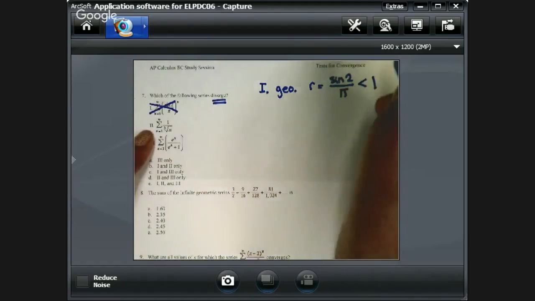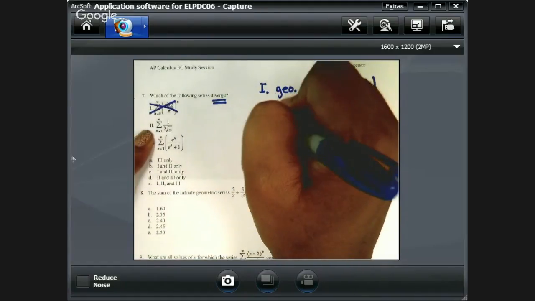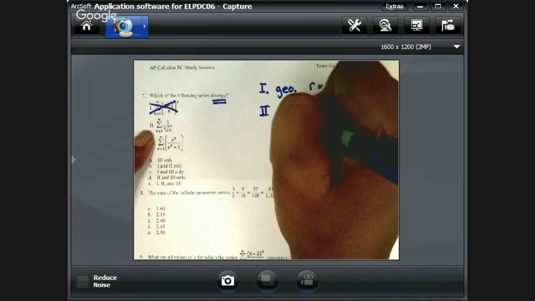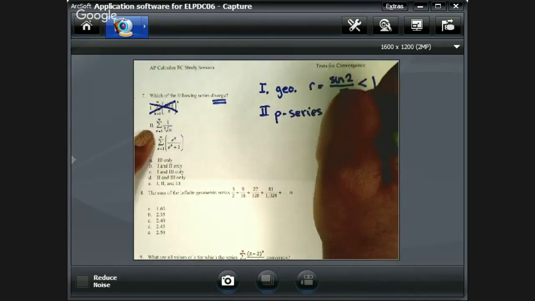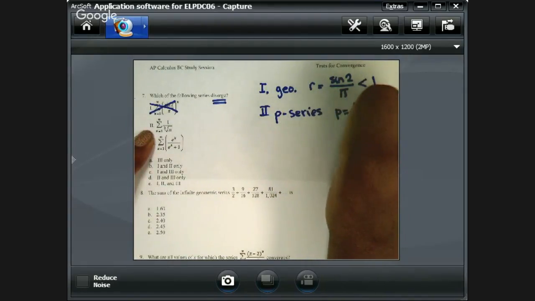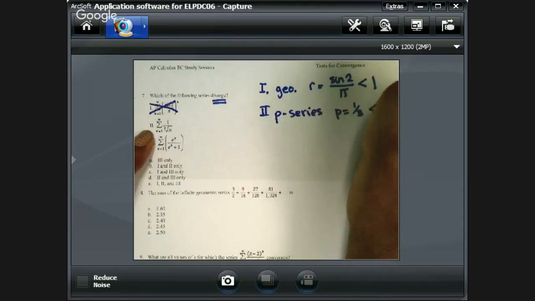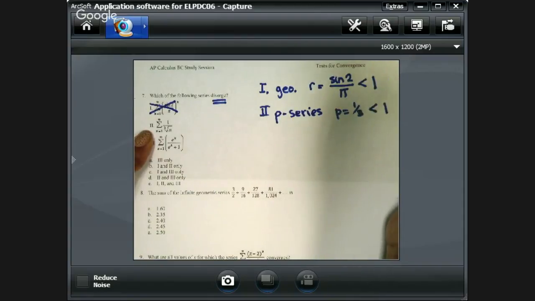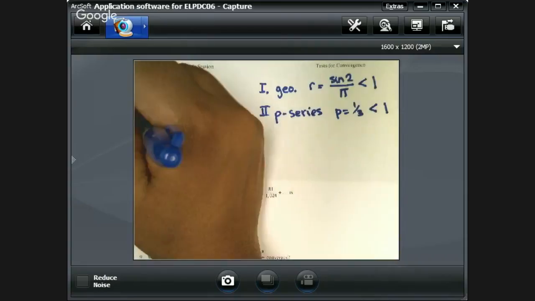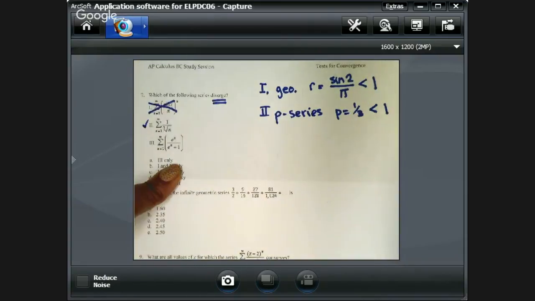Roman numeral 2, that's a P series, where P is equal to 1/3, and 1/3 is smaller than 1. That means this one diverges. So we're keeping Roman numeral 2. And Roman numeral 3, e to the n over e to the n plus 1, which kind of looked like a series we did before.